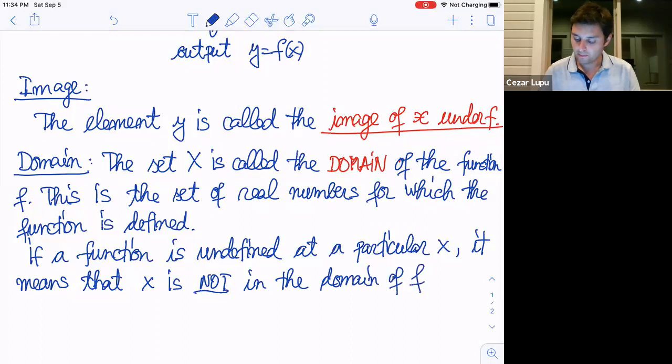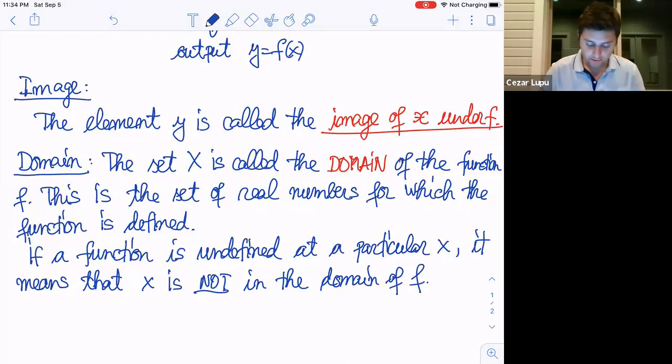That's what it means. If you cannot define that function at that particular value of x, then this means that that particular value is not in the domain of f.